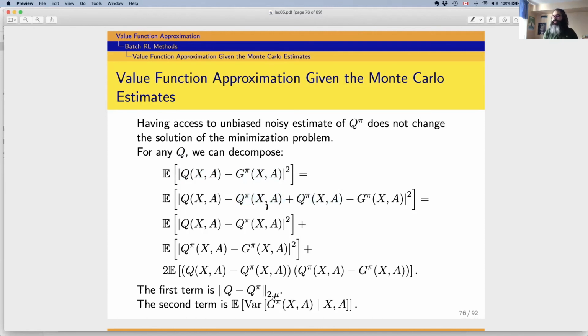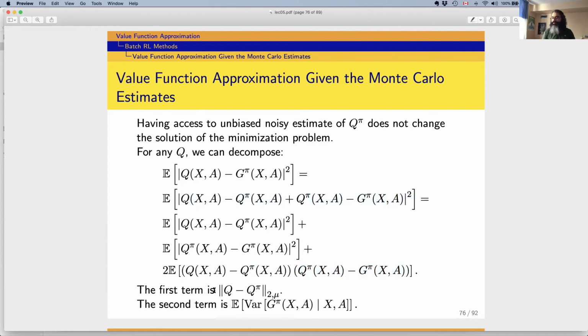Then we take this to the power of 2. We will have a term like the expectation of (Q minus Q^pi) squared, plus the expectation of (Q^pi minus G^pi) squared, plus another inner product term, which is 2 times the expectation of the first term times the second term: (Q minus Q^pi) times (Q^pi minus G^pi).